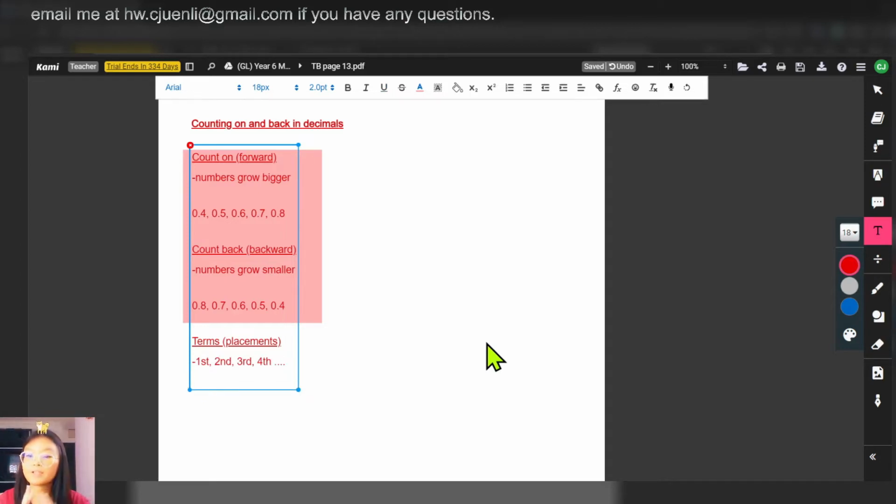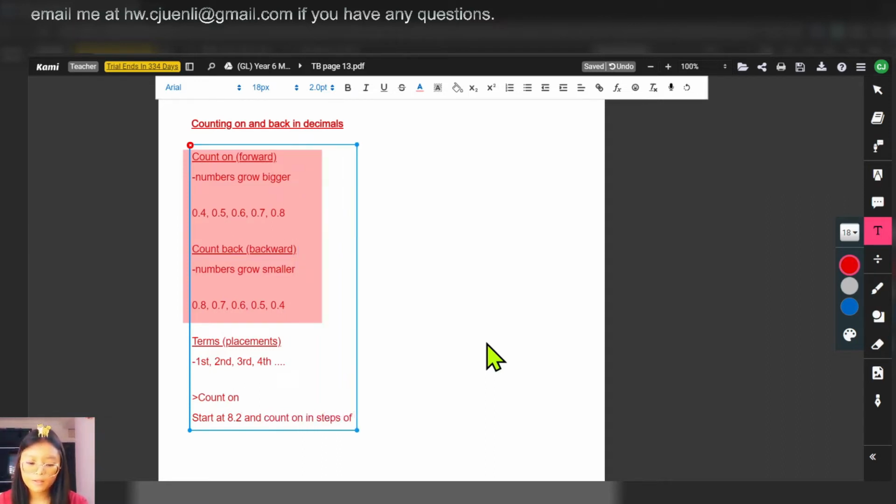No matter if it's counting on or counting back, I'll give you two examples. So let's look at count on. Sometimes you have certain questions, and I'll be giving you a question as an example. We start at 8.2 and count on in steps of 0.2.